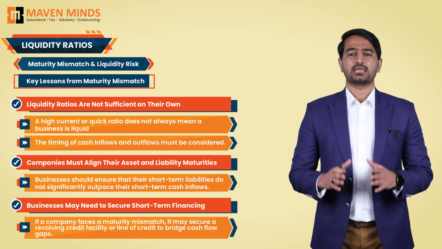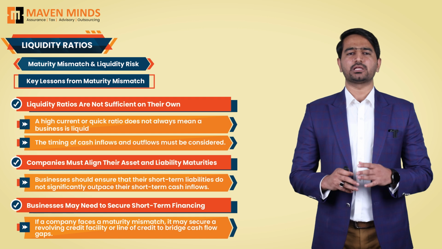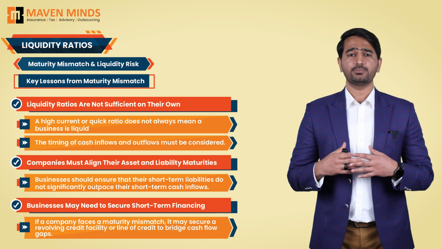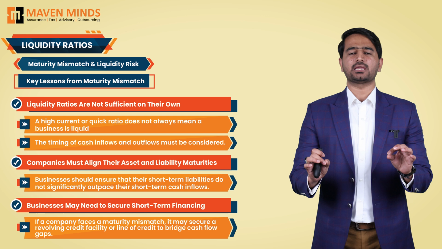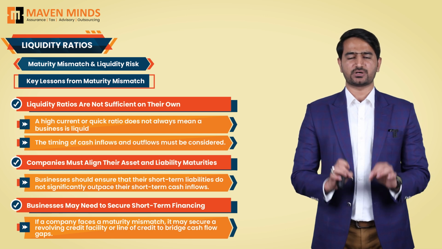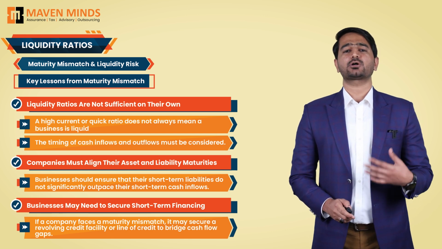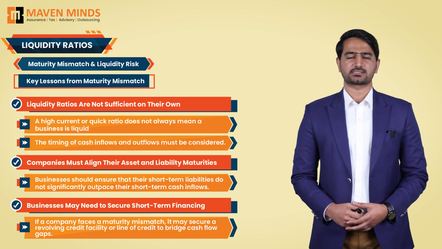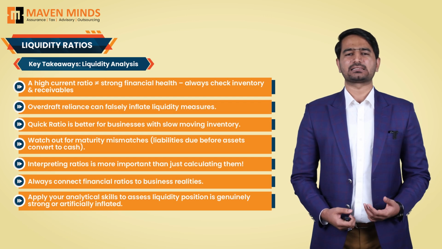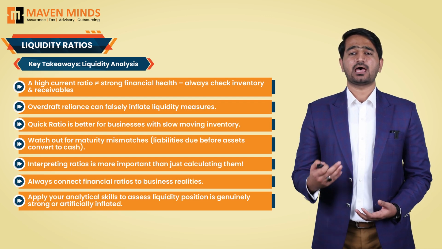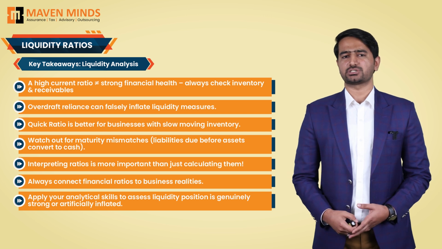Alright, my friends, as we wrap up our lecture on liquidity ratios, I hope you now have a clear and comprehensive understanding of how these ratios function and why they are crucial for financial analysis. We have explored the current ratio, its strengths, limitations, and potential accounting manipulations.